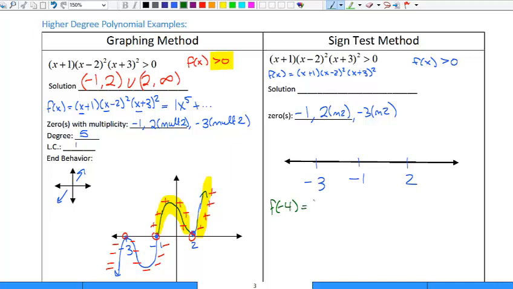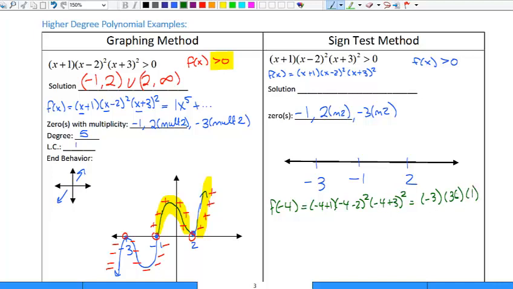I'm going to go ahead and plug that in: negative 4 plus 1, times (negative 4 minus 2) squared, times (negative 4 plus 3) squared. So that gets me negative 3 times negative 6 squared, which is positive 36, and negative 1 squared is positive 1.